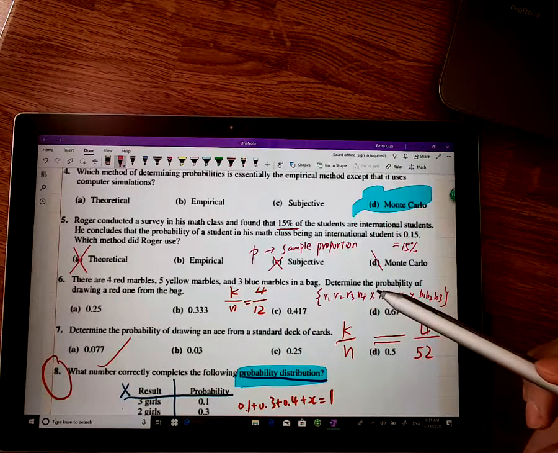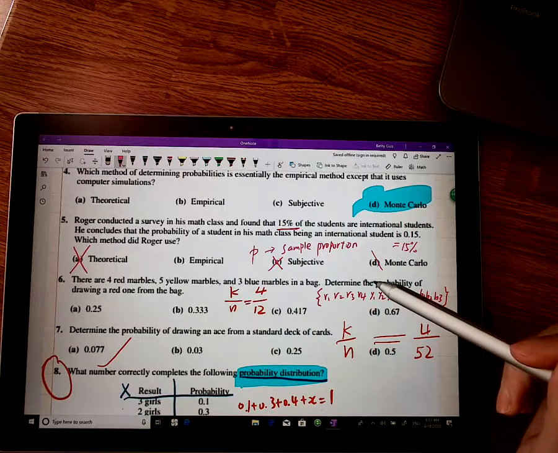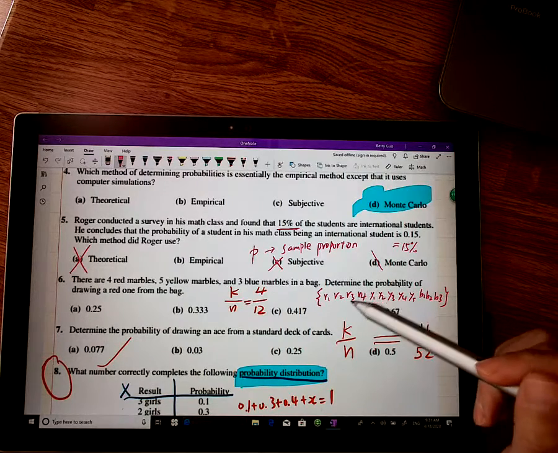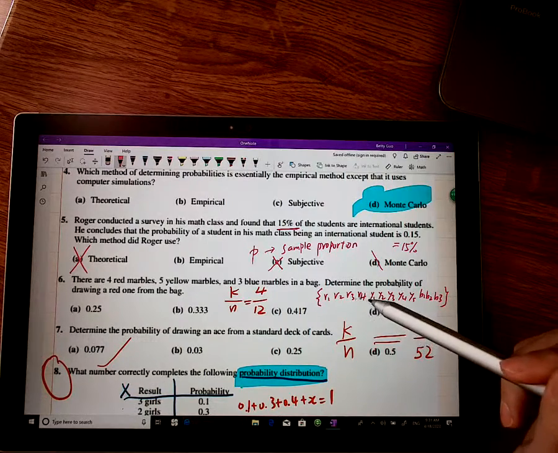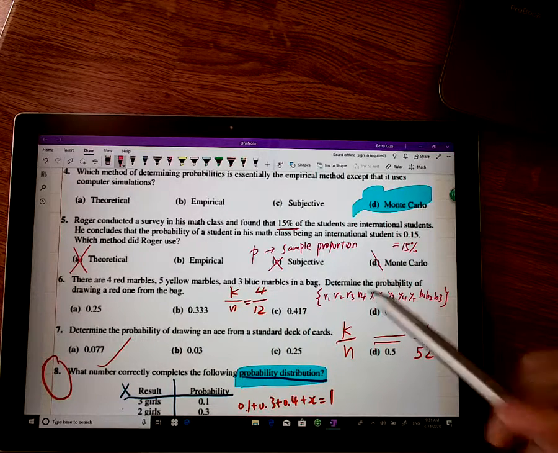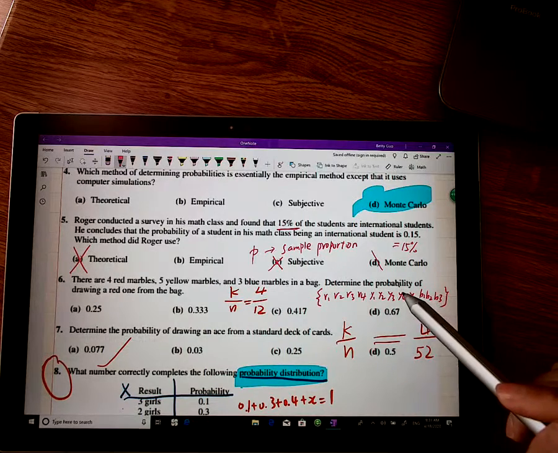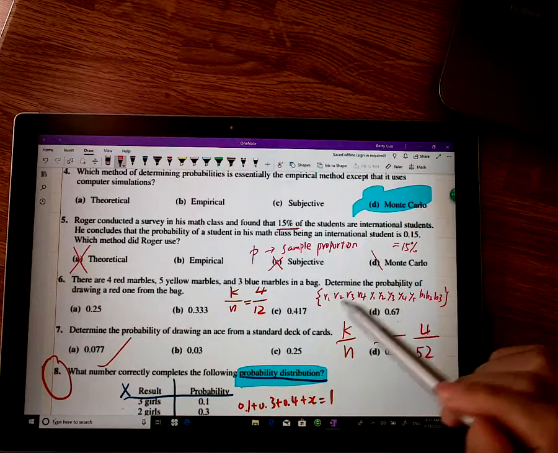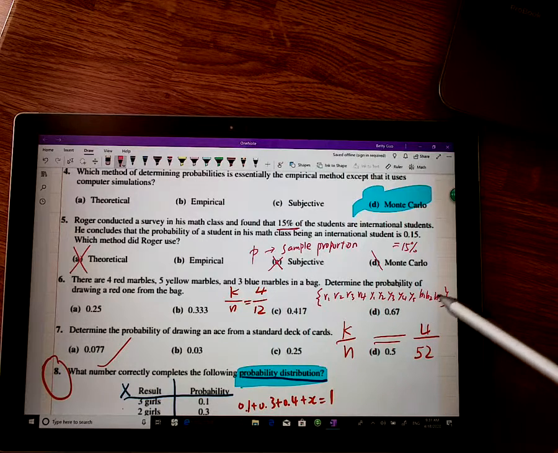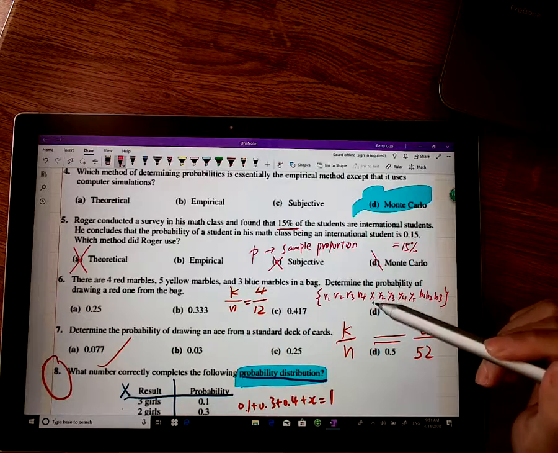The experiment is you randomly draw a marble. You randomly pick a marble. They are of the same size. You randomly choose 1 marble from the 12. You don't see the color, right? So because those 12 marbles are the same size, they have the same chance to be chosen.